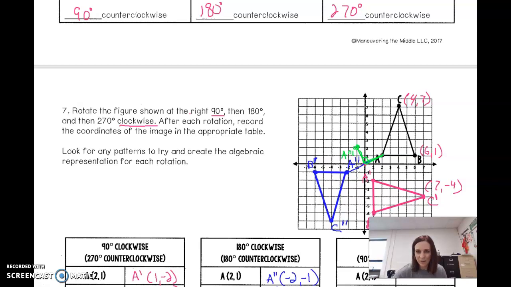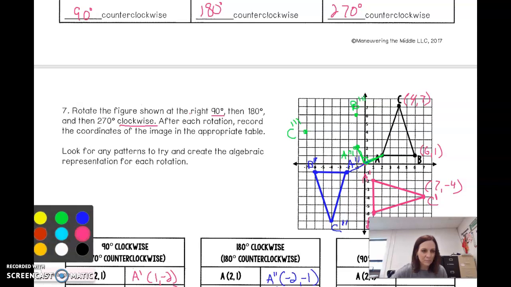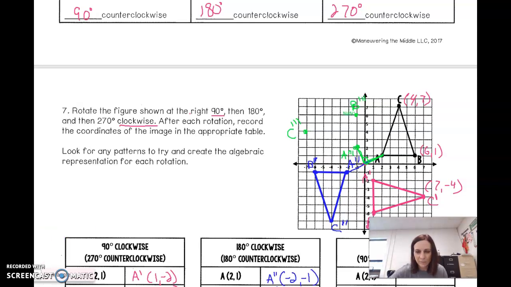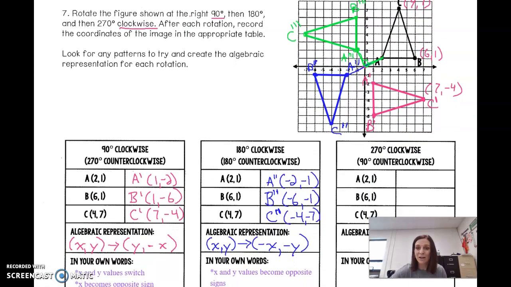Sorry, nope, that's going to go here and here. B triple prime. And then C is going to come here. That's C triple prime. And again, notice it's the same figure, same shape, same size. It's just rotated, either 270 degrees clockwise or 90 degrees counterclockwise.